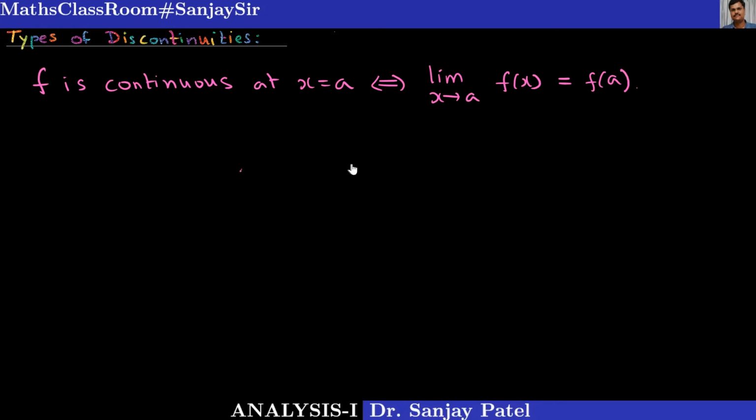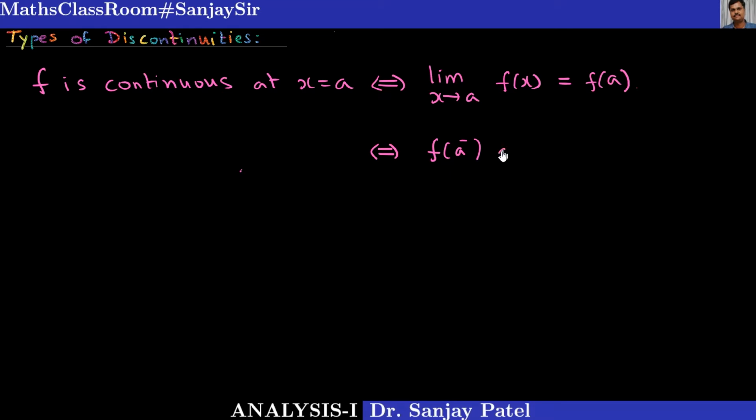Now when this is not true, remember the meaning of this. First of all, we understand in this manner. If this is true, that means the function has a left limit at the point a and a right limit also at the point a.